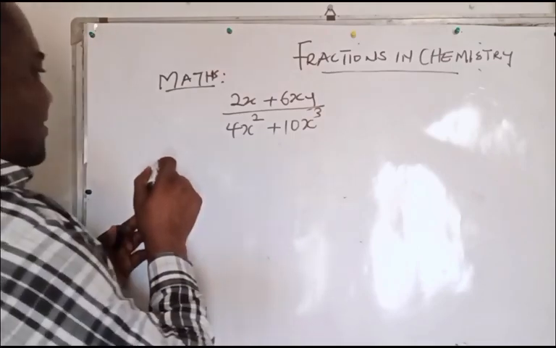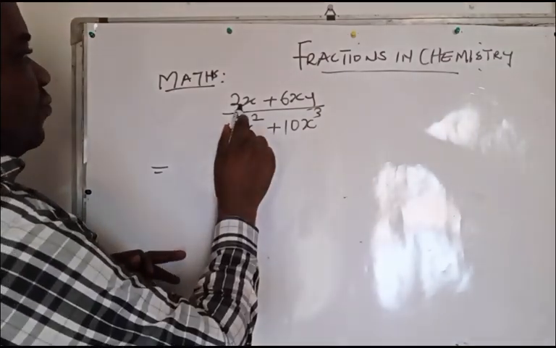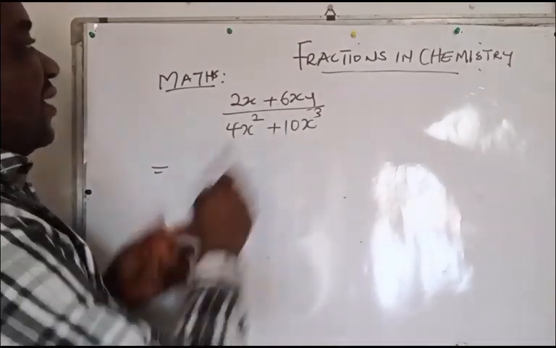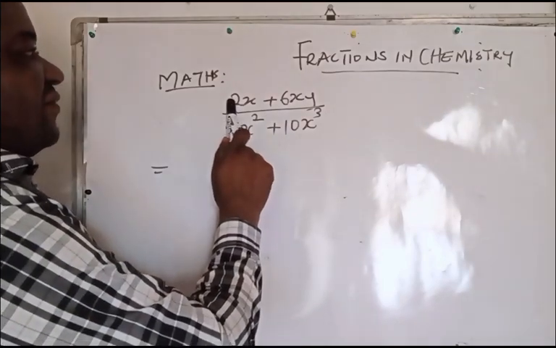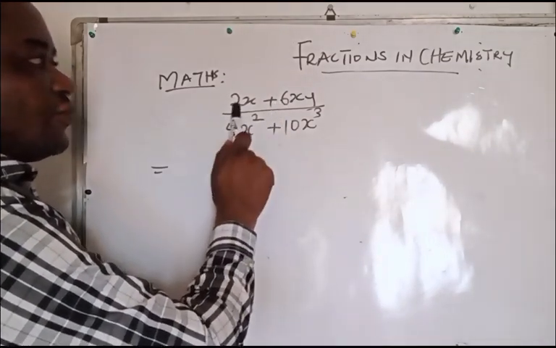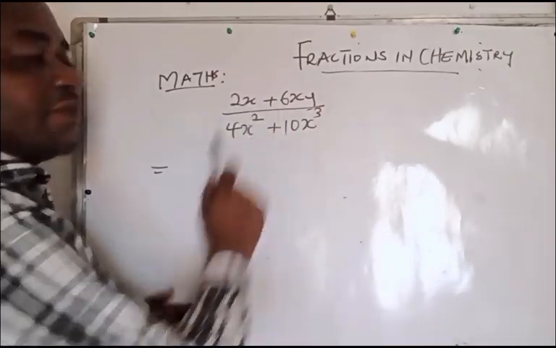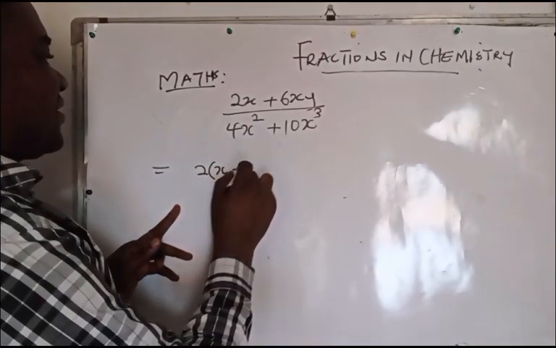Now, understand the fact that for this particular numerator, we have a common factor, which is 2. So 6 can go into 2 without a remainder, and 2 can go into 2 without a remainder. So 2 is a common factor for both. So we're going to bring 2 out and put the x.